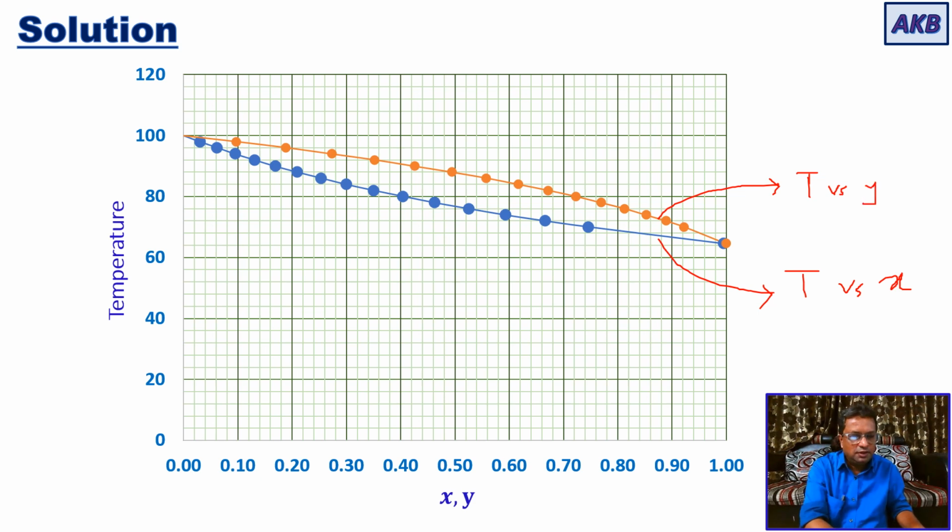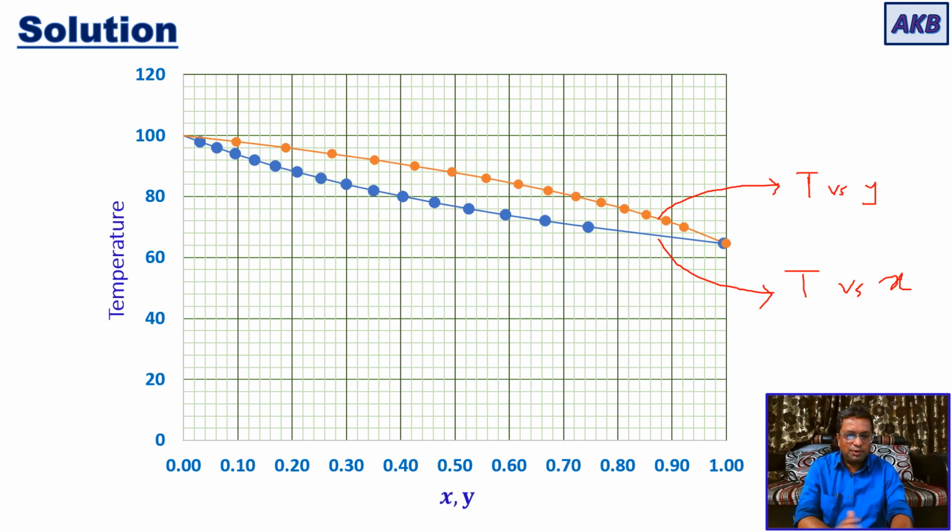Why is it called boiling point? Because at a composition of, let us say, 0.4, the boiling will start at this temperature, say 80 degrees Celsius, and then it will move on, and the boiling will be completed at this temperature. So you get boiling temperatures for methanol water solution at various compositions. That's why this diagram is called the boiling point diagram.